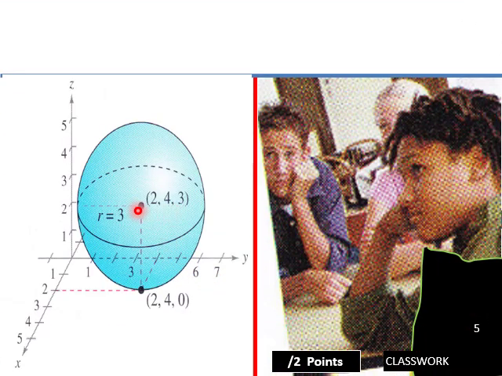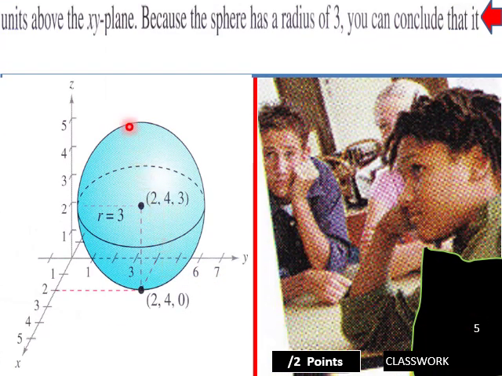The center of this sphere lies 3 units above the XY plane. Because the sphere has a radius of 3, you can conclude, remember 2, 4, and 3, that 3 will be our elevation here, our Z element for this point.